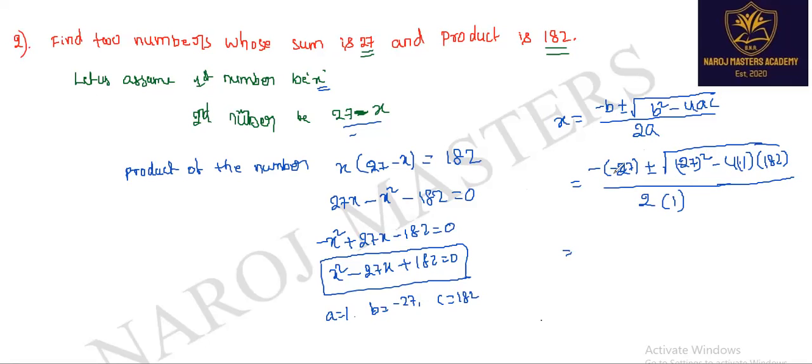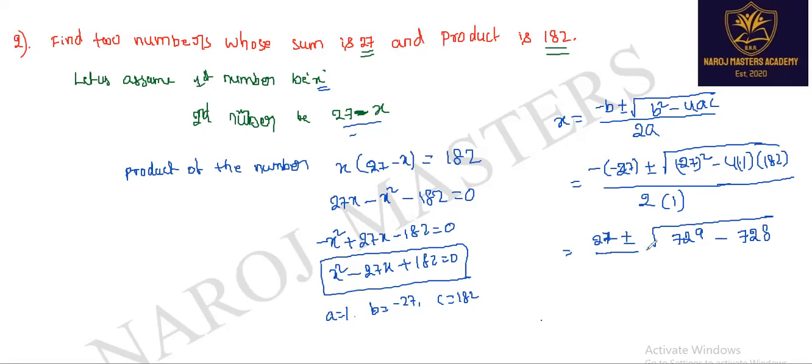So now look at here. Minus into minus is plus 27 plus or minus 27 square is 729. And this is 4 into 182, that is 728.